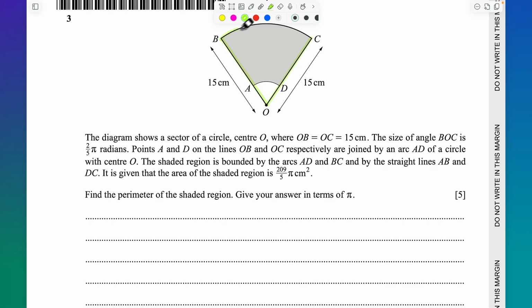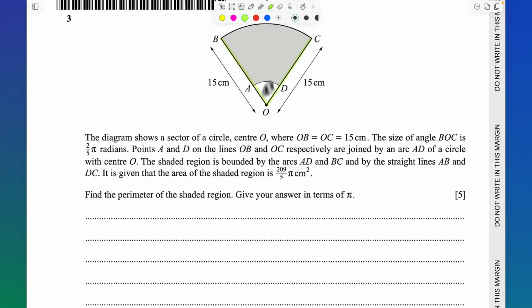And the arc of that sector is going to be BC. So OB and OC are the radii of the same sector, so it makes sense that they're equal.